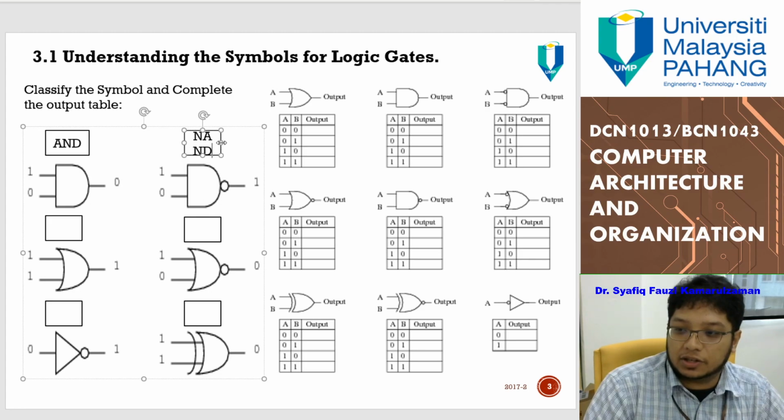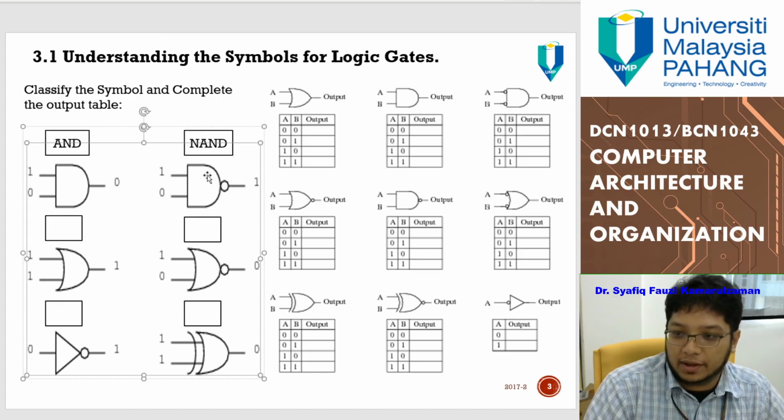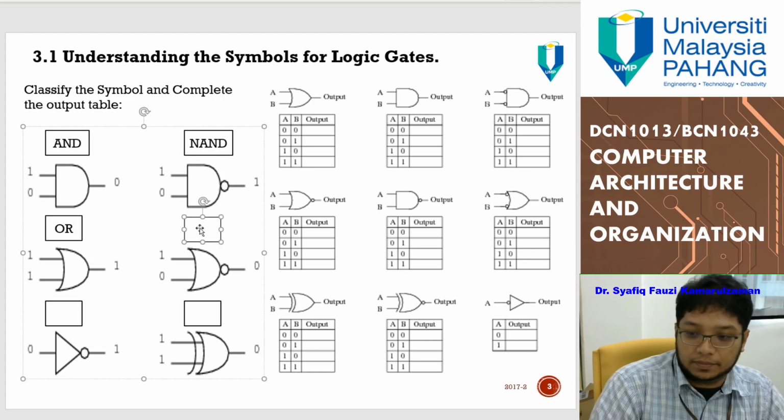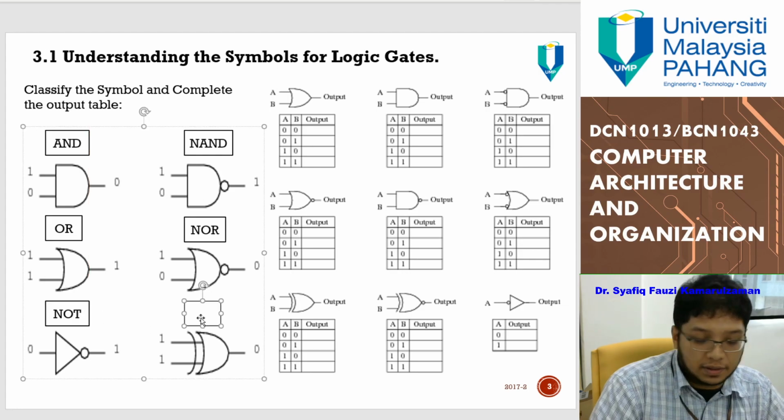You need to remember that the straight one is AND, the curved one is OR. AND represents multiplication, and OR represents plus, addition. So this one is OR, this one is NOR, this one is NOT, and this one is XOR.